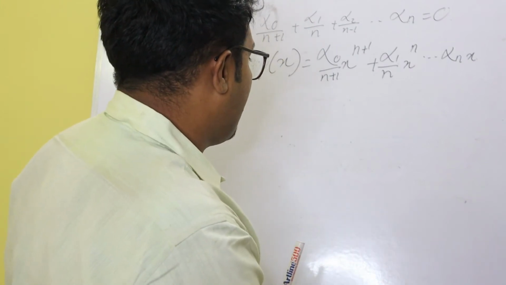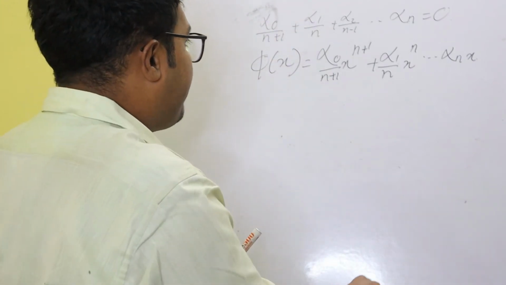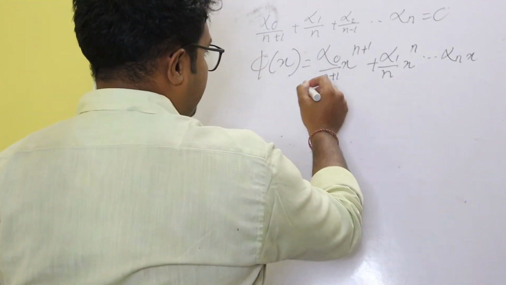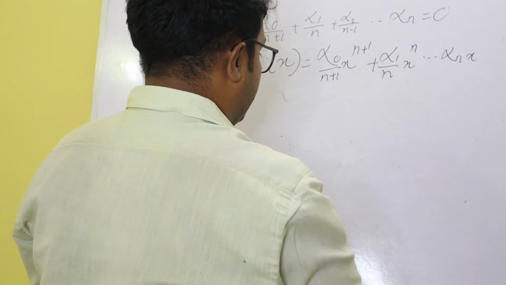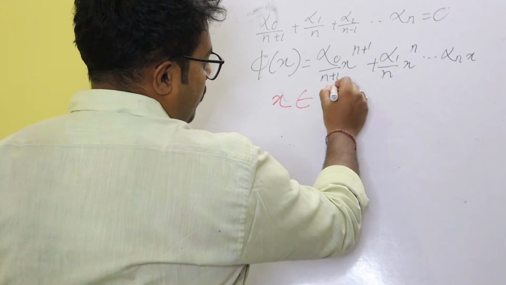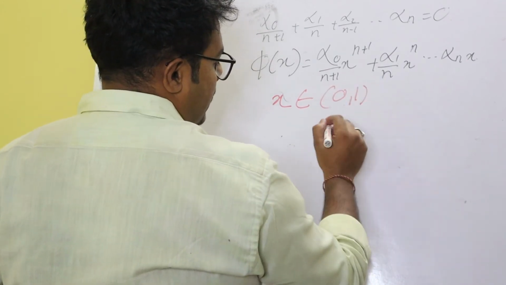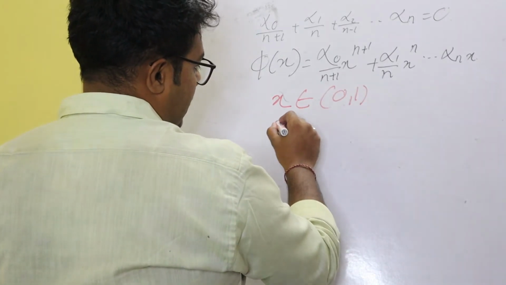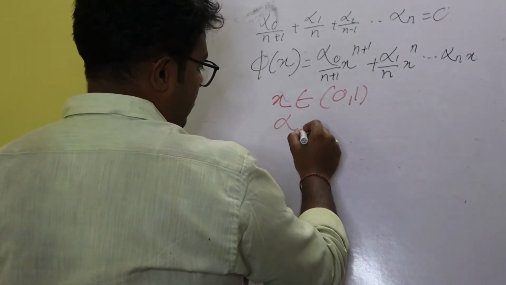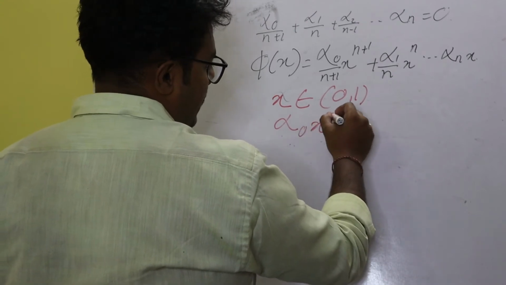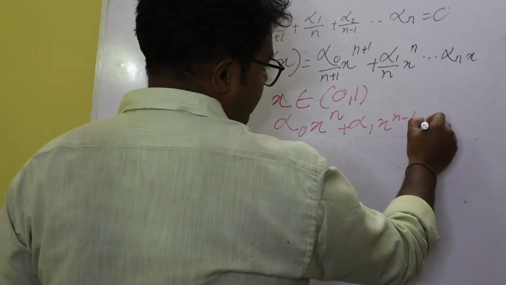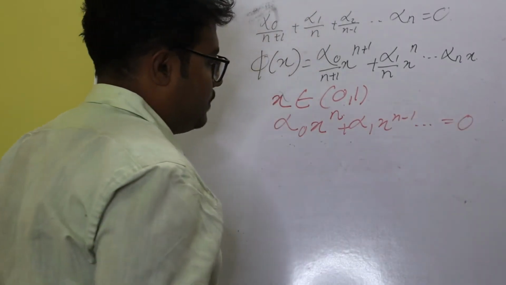Now what we are told is that we have to prove that for every x which belongs to (0, 1), this lambda 0 x to the power n plus lambda 1 x to the power n minus 1 and so on will be equal to 0, right?